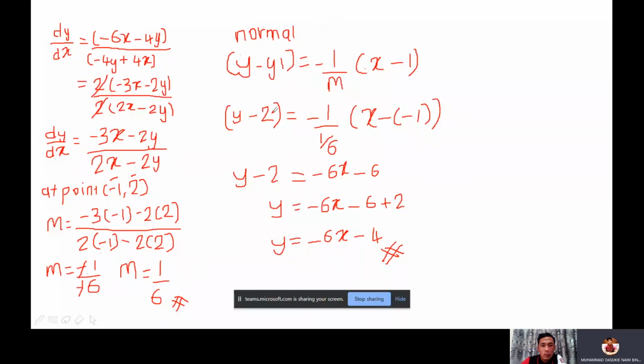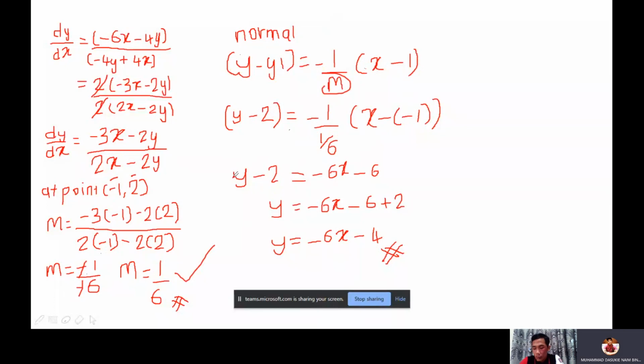We replace with 2, equals negative 1 per m. m is the gradient. We just take this answer and put m as 1 per 6, and open bracket x minus bracket negative 1 and close bracket. Negative 1 is for the x.